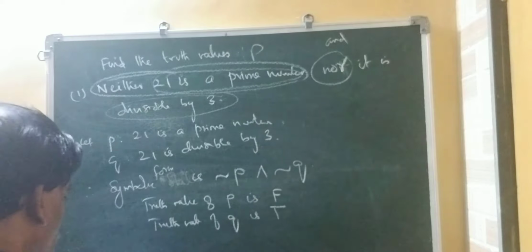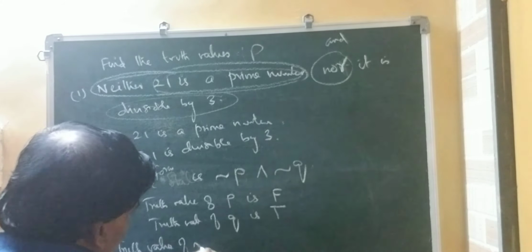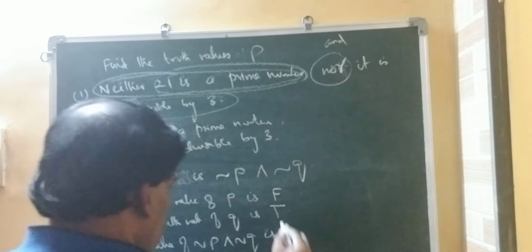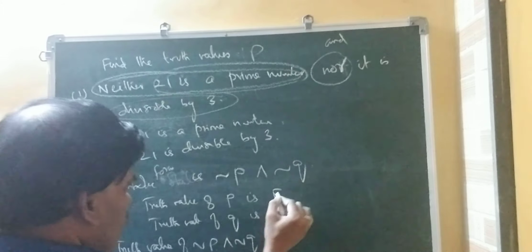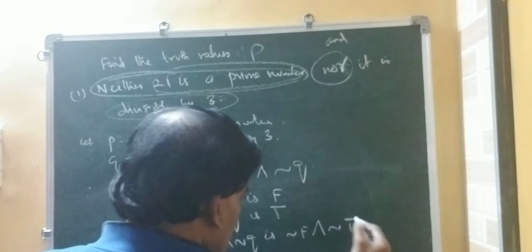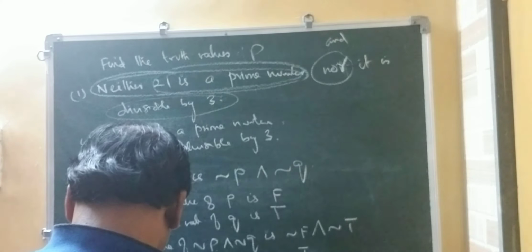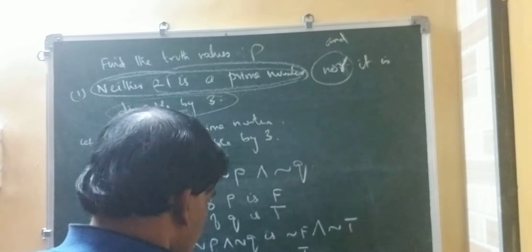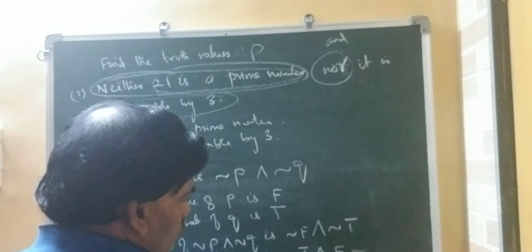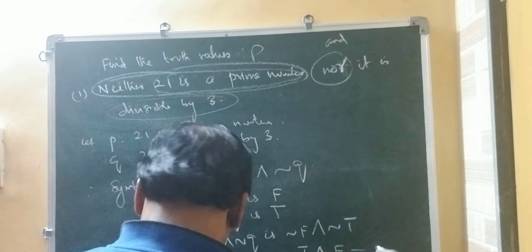Now what you have to find out is the truth value of negation P and negation Q. Negation of F means true. And negation of true means false. But see, it is like this, AND operator, so it is false.